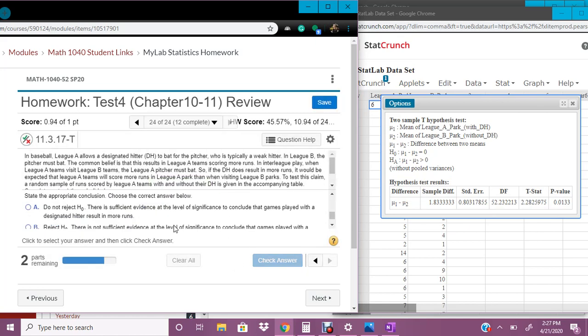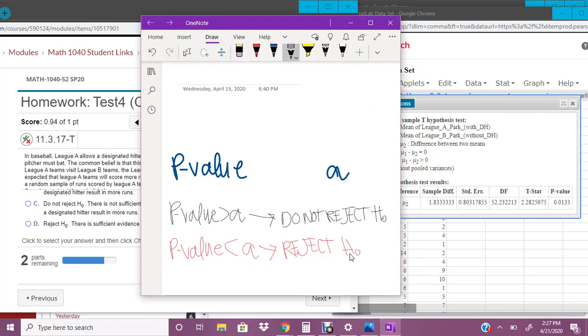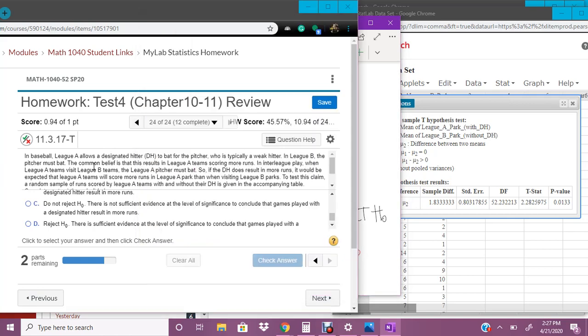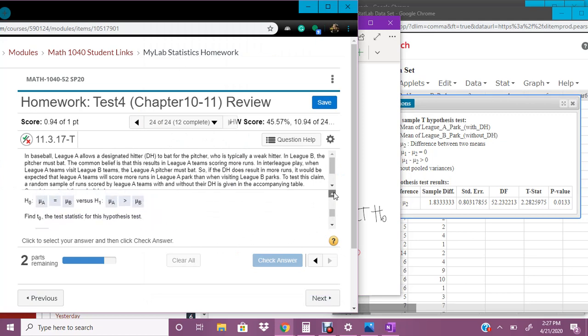And should we reject or accept? If we go back to our notes, we want to write down what our p-value is. Our p-value is 0.013, and our alpha is, let's see, where did it tell us that?